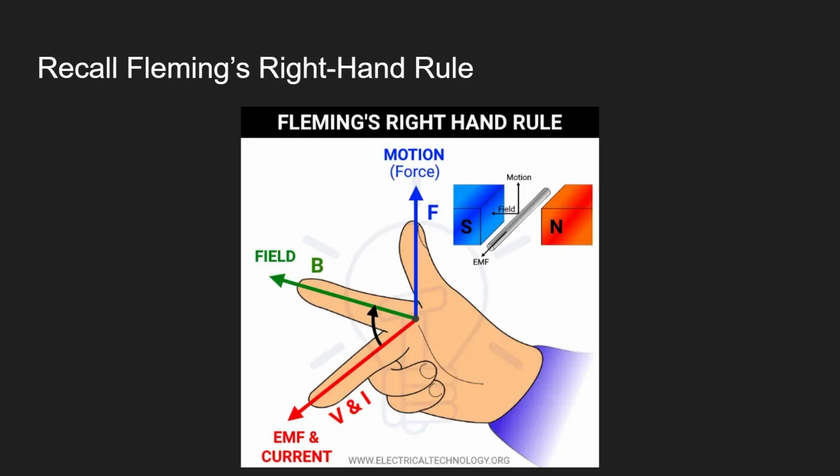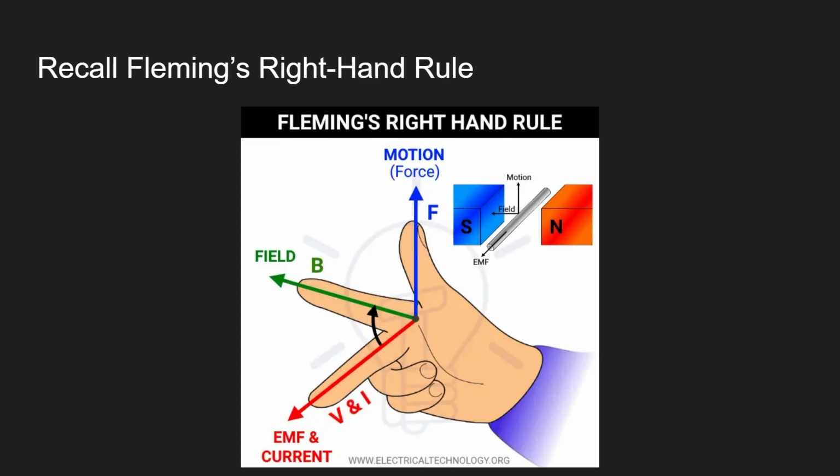Fleming's right hand rule tells us the induced current. We call it FBI. F is force, B is the magnetic field, the B field. They don't have the word magnetic here, so the B is actually the NS, the magnetic field. The middle finger is the current.